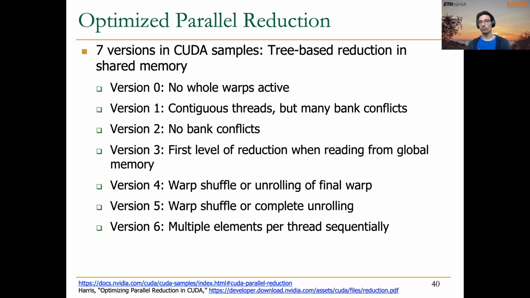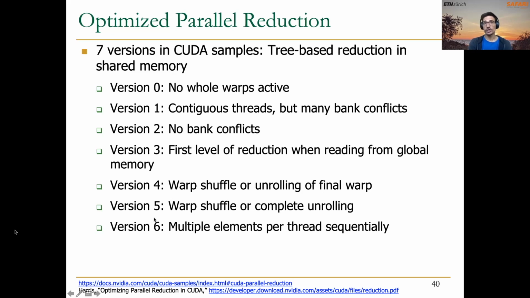Remember from our previous code where, in the very beginning of the kernel, we had one thread accessing two locations in global memory, reducing them and then storing the partial result into the shared memory. Then, with warp instructions, versions 4 and 5 use warp shuffle and also unroll the final warp, the final for loop, in order to perform more efficient execution.